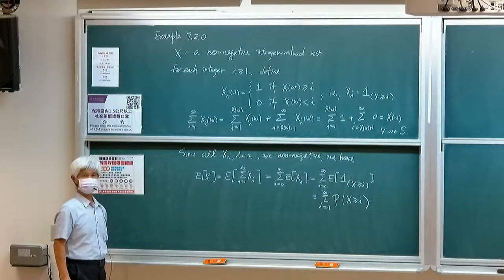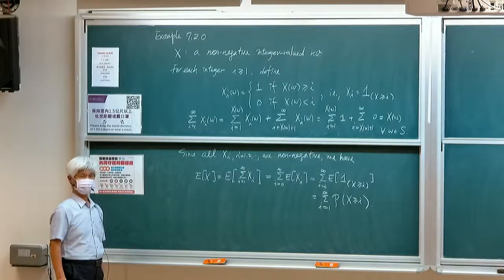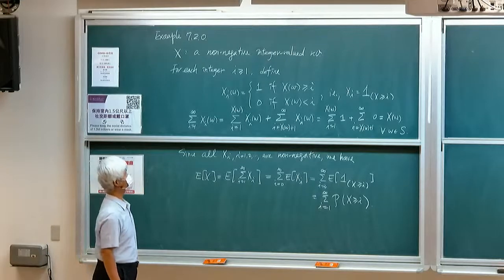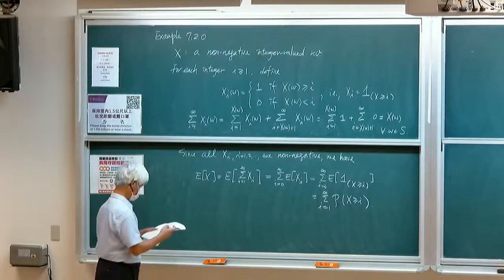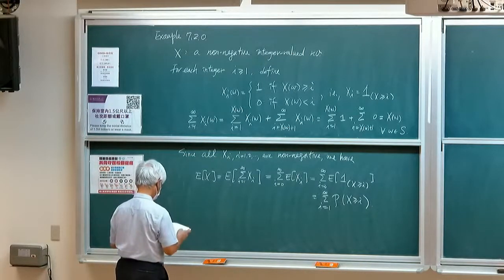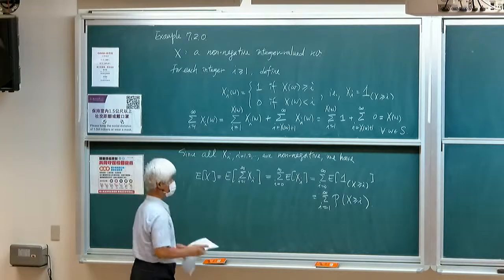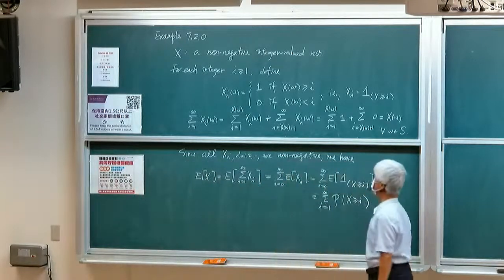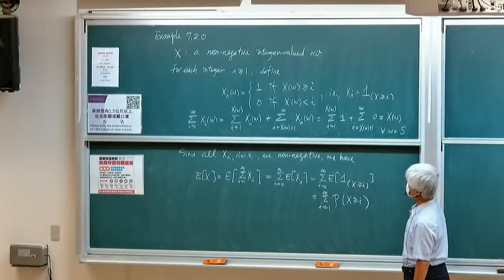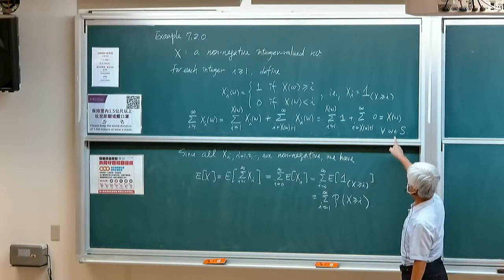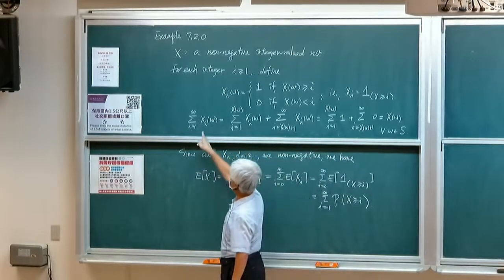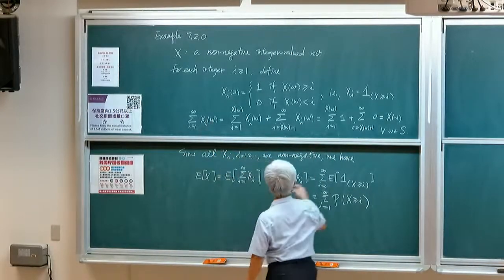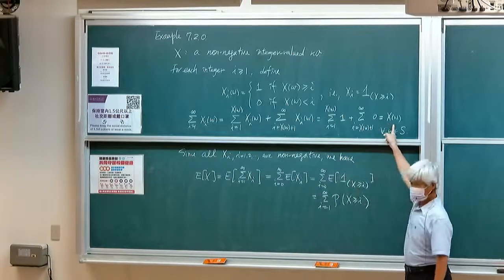Any questions? Okay. So I think the critical point is here, to prove that this series sum converges to the random variable X itself.